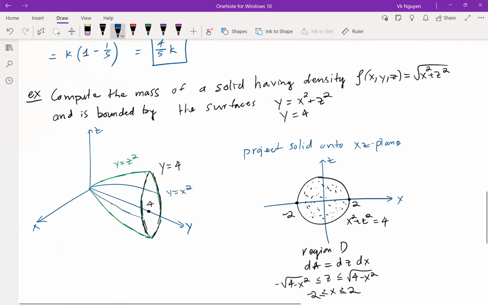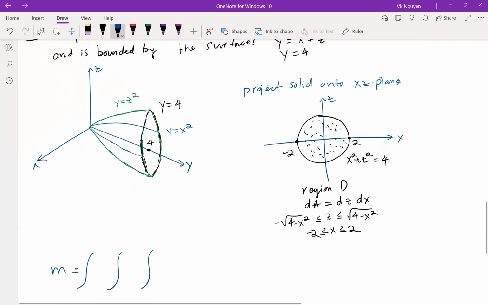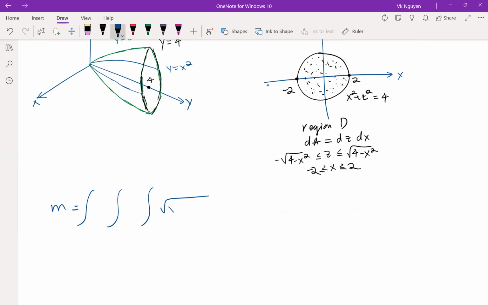Here comes the mass. In here is the density, so root x square plus z square dy dz dx.